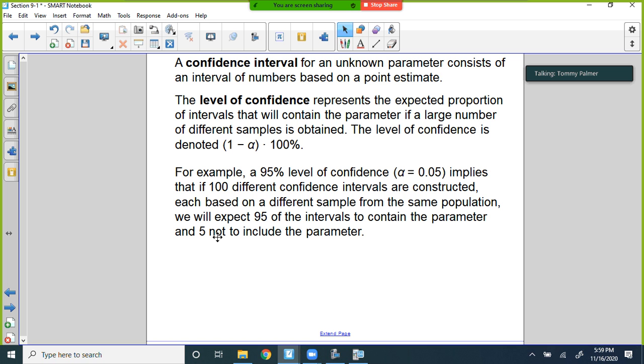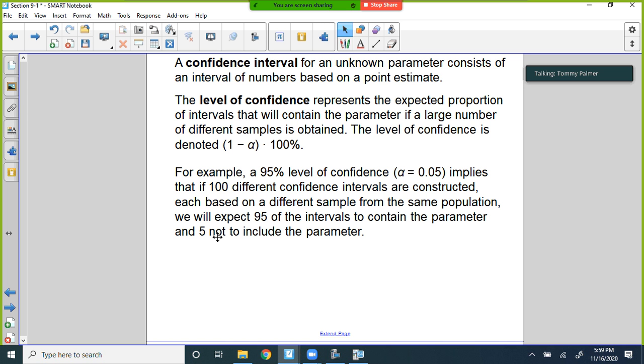For example, with a 95% level of confidence, alpha is 0.05, which implies that if 100 different confidence intervals are constructed, each based on a different sample from the population, we will expect 95 of the intervals to contain the parameter and 5 not to contain it.